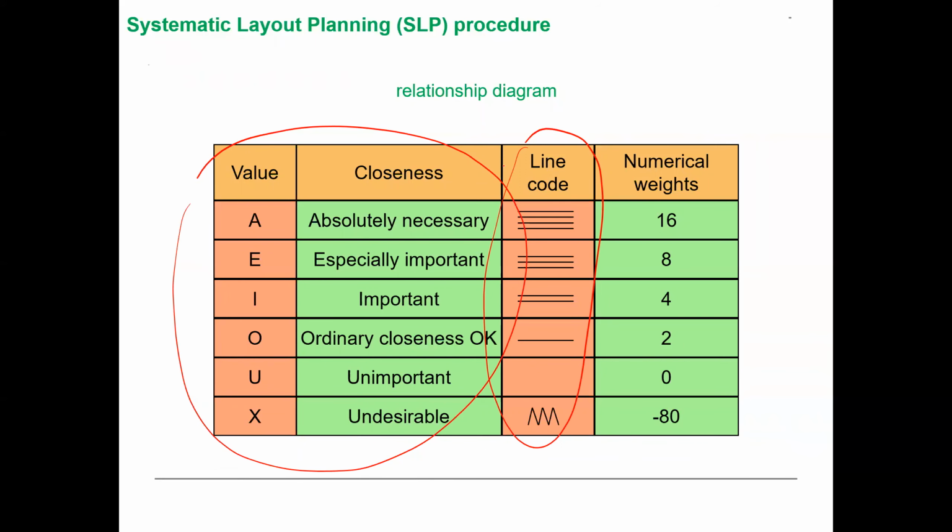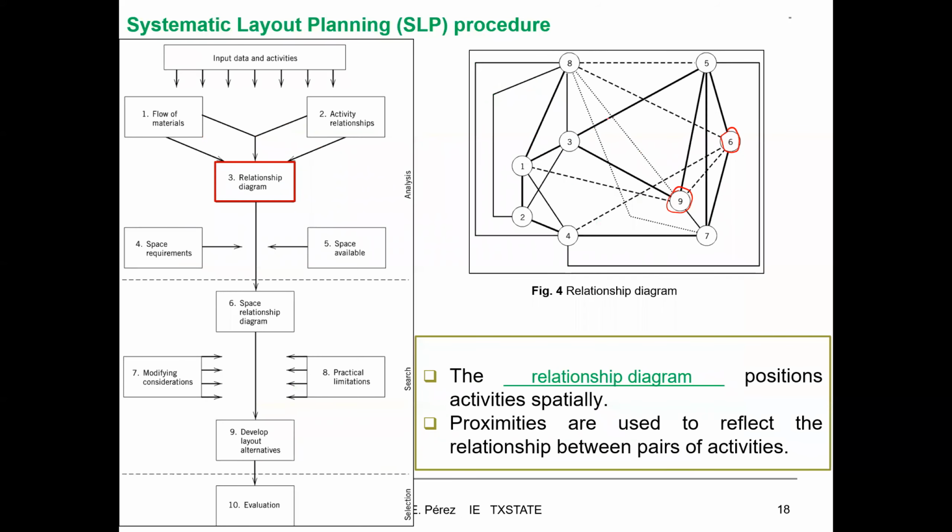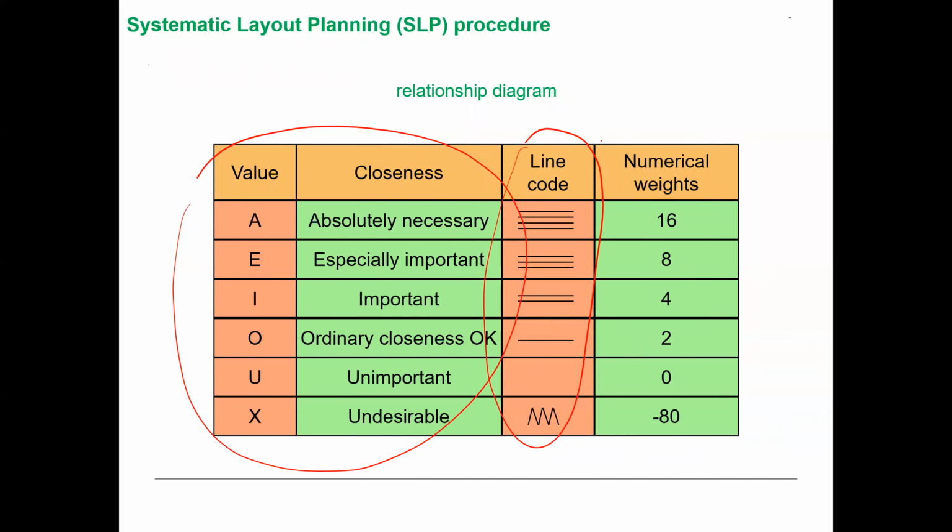Instead of using dotted lines and bold lines and so on, this coding here is using multiple lines: 4 lines to determine absolutely necessary, 3 lines if it is especially important, 2 lines if it is important, 1 line if it's ordinary. If it's unimportant, there's no line. And then undesirable, then we have this line. And then we also have numerical weights associated to it.